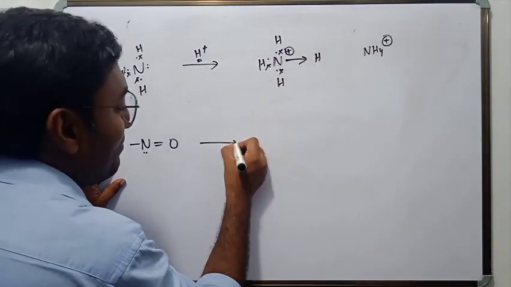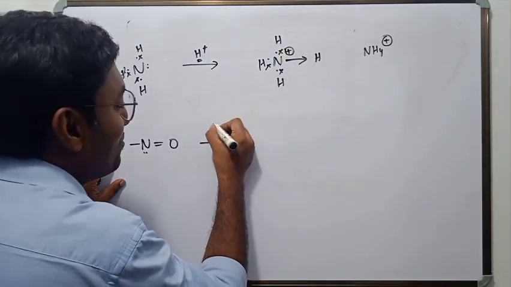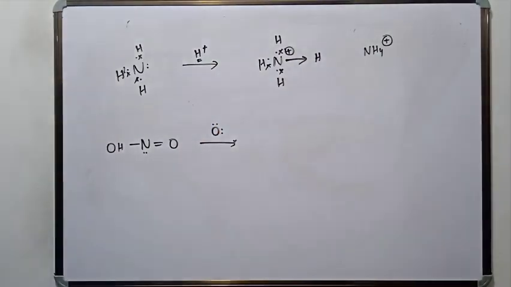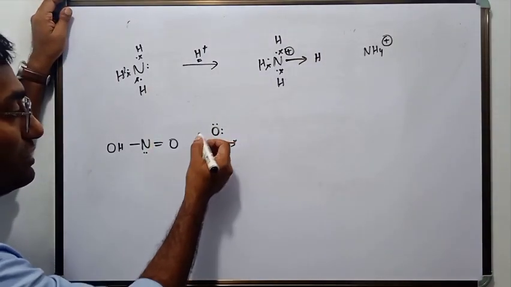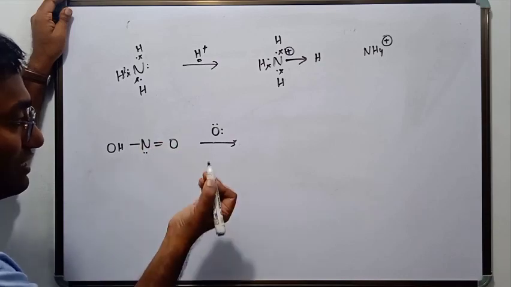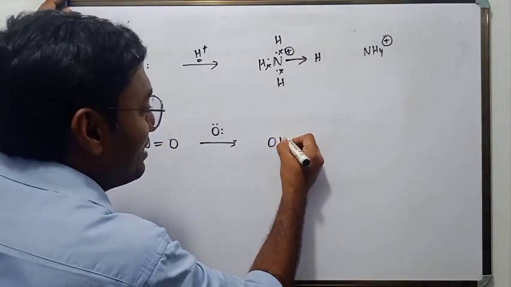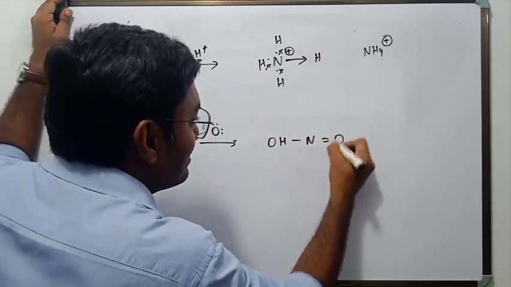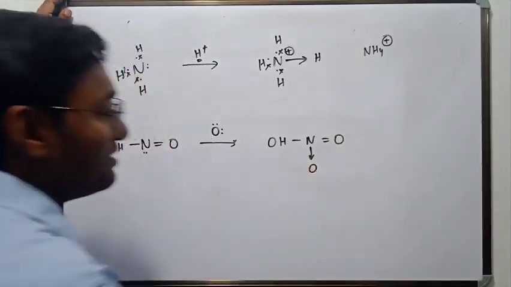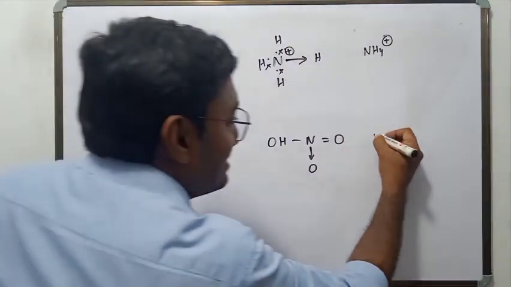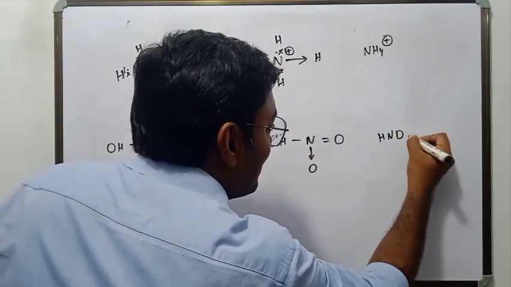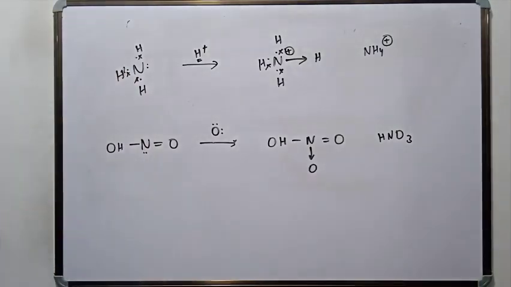What would happen if there is one more oxygen atom? Oxygen wants to complete its octet configuration. The only way to do so is to accept it from nitrogen, right? So what can happen now? Yes, now you get HNO3, right? So you can see another coordinate covalent compound here.